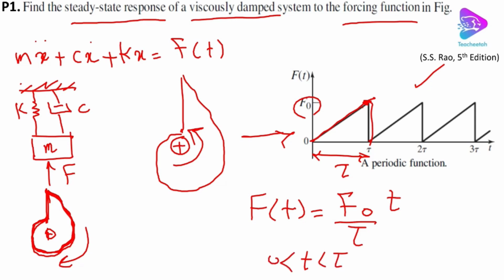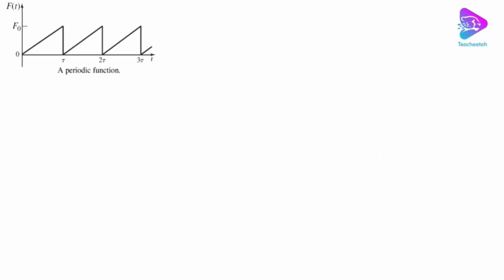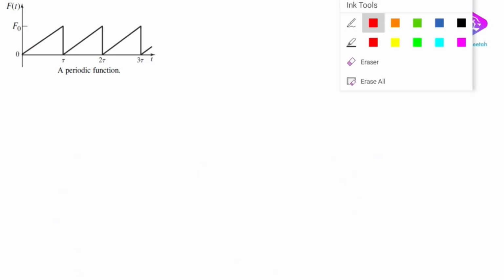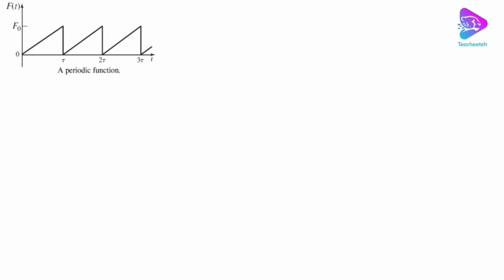Keep this in mind, because we need that to find our coefficients a naught, aj, and bj, and then plug them into the equation. So let's do that. Now we found the function of F, and we can simply find the coefficients a naught, aj, and bj, the standard method.